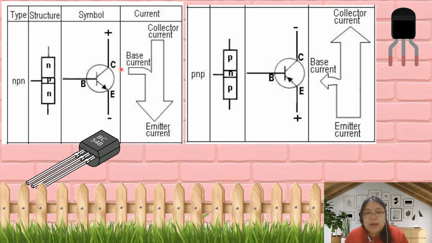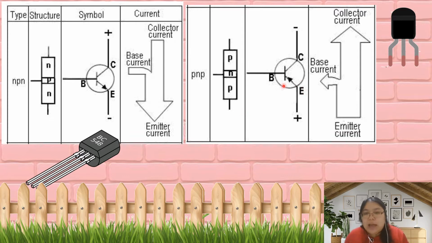So you can see from the arrows how the current flows. Base current flows, collector current flows, and all will meet at the emitter current. So the emitter current collects all the current from the collector and also the base. That means the emitter is the biggest part to collect all the current. Okay, the next one is the PNP. When it is PNP, can you find it?